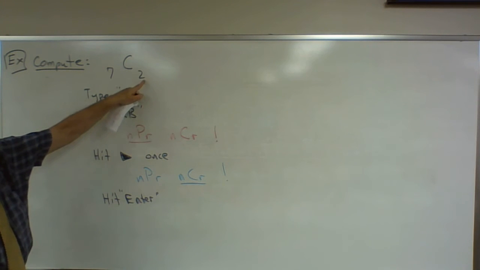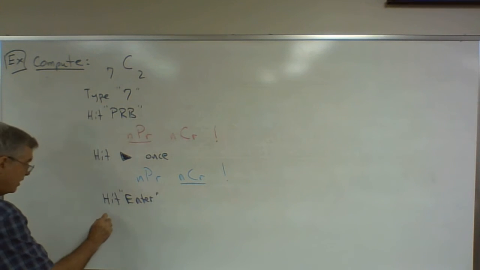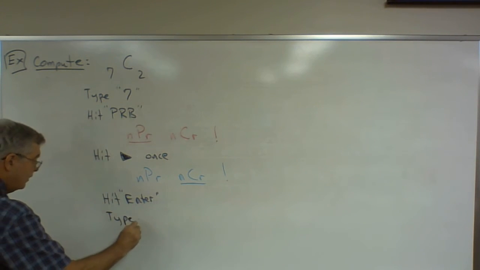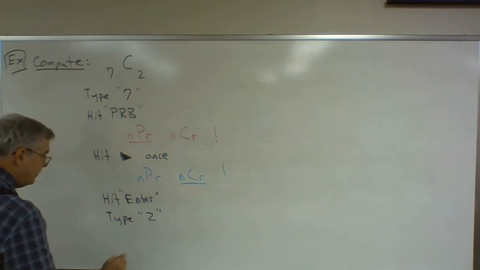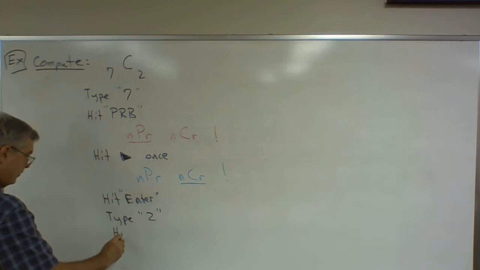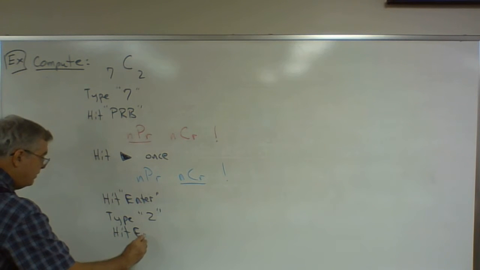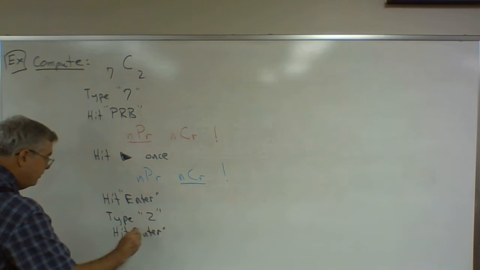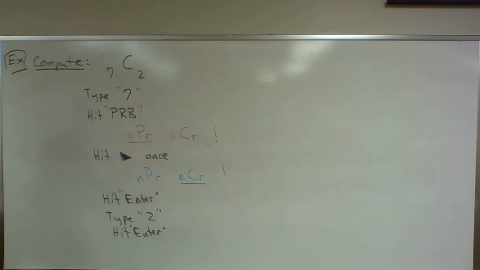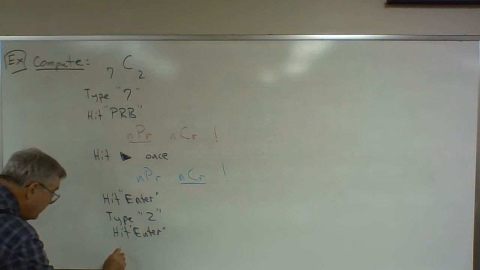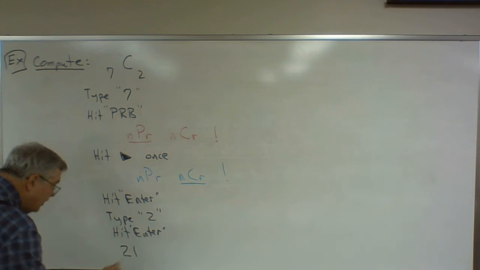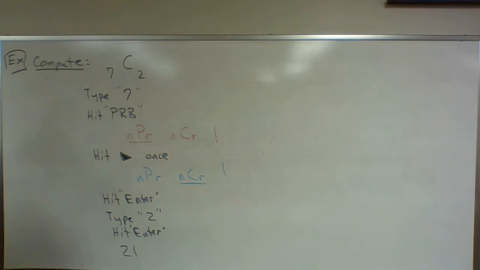And now is the time to enter or type 2. And after we type 2, we'll hit enter. And 7 choose 2, son of a gun. We should get 21 as an answer.